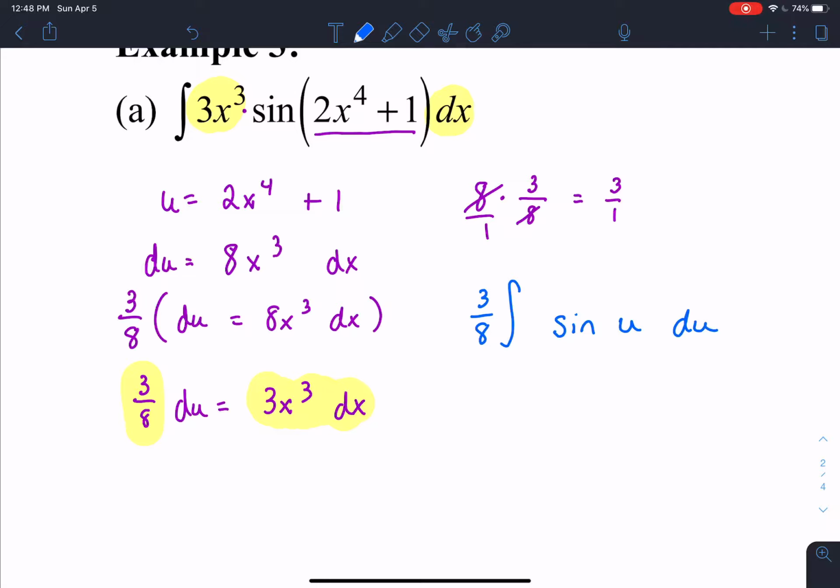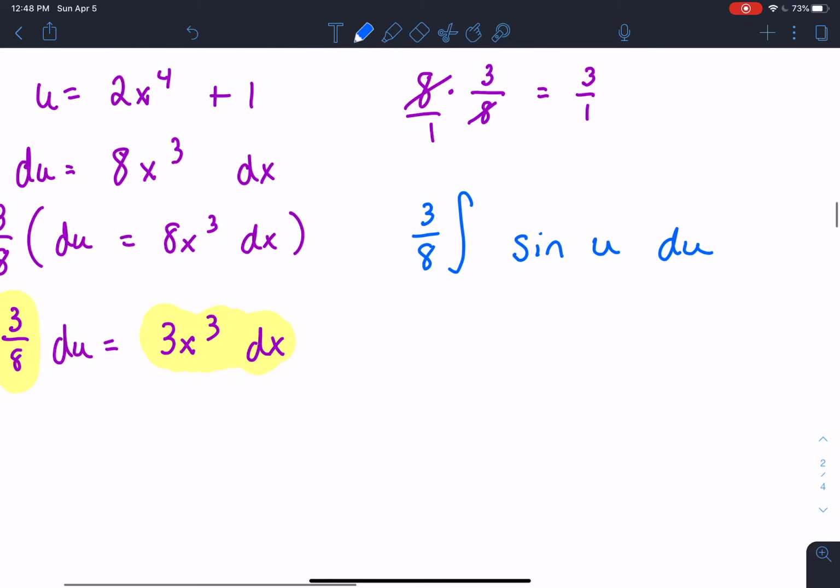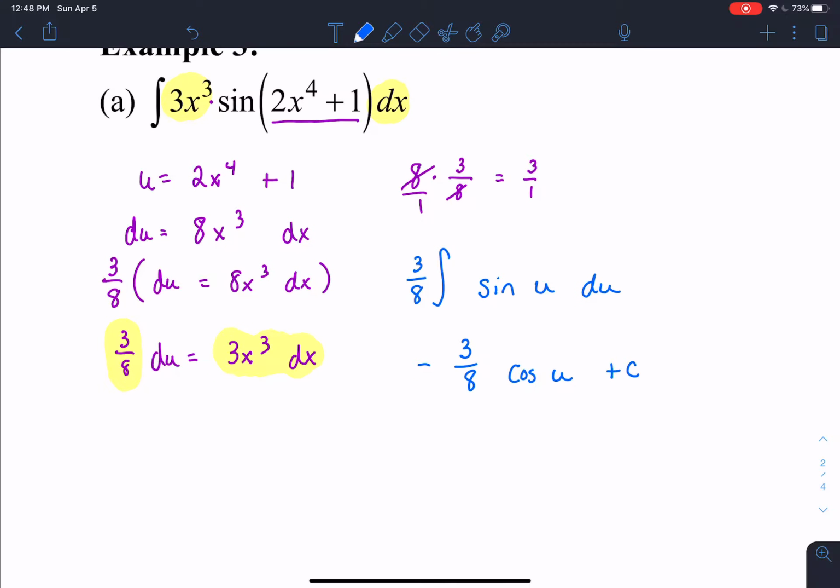Again, the du part is taking the place of 3x cubed and the dx. The antiderivative of sine becomes negative cosine. So you've got negative 3/8 cosine of u plus c, and then you plug u back in: negative 3/8 cosine of (2x to the 4th plus 1) plus c.